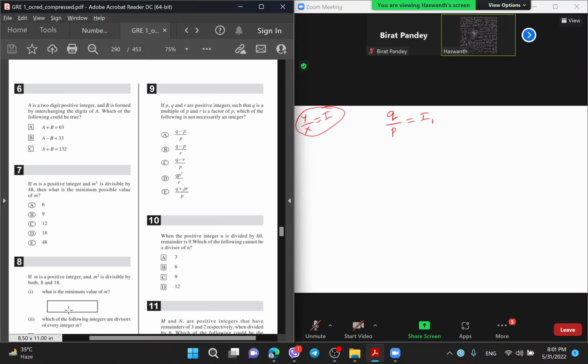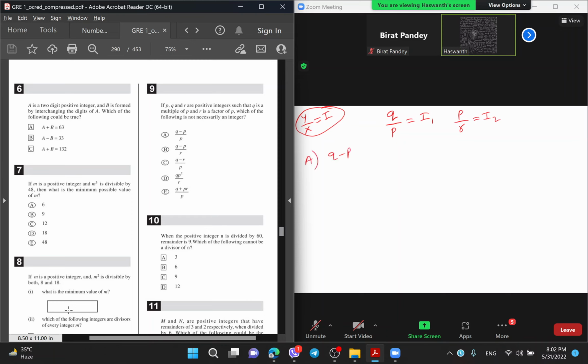R is a factor of p, so p when divided by r must also give us an integer. I'm differentiating them, let's say I1, I2. So using these as reference, whatever description he has given, we are representing it mathematically. Using these references and using the ideas that when we add two integers or subtract two integers or multiply two integers, we will get an integer, we have to evaluate those options and find out which is not necessarily an integer.